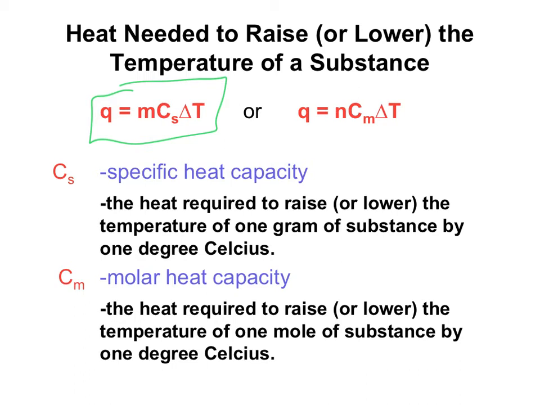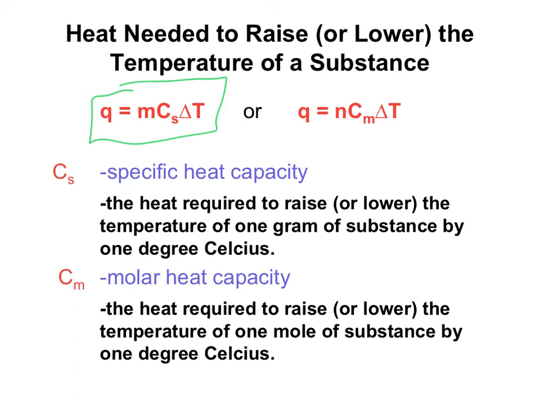The notation here is, you're looking at S's versus M, and also the term specific heat capacity versus the term specific heat, and then the molar heat capacity. So how do you keep it all straight?